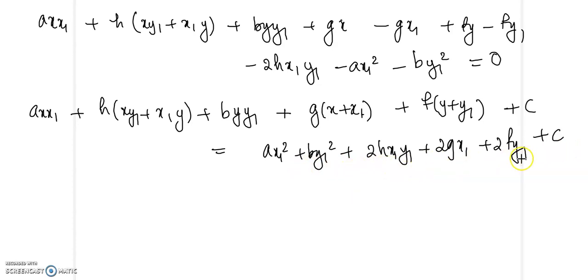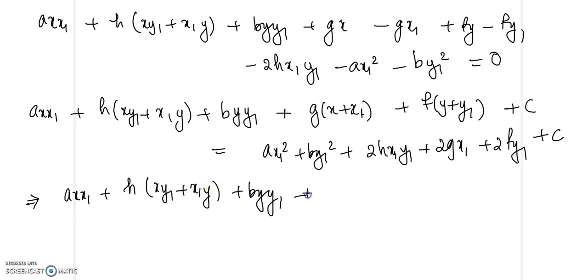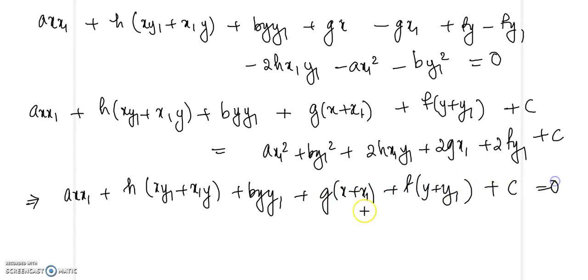Now since the point x1 y1 lies on the conic, this will be equal to 0. The expression on the right side is the expression of the conic, the value the conic takes at x1 y1. So that will be 0. So that implies a x x1 plus h xy1 plus x1y plus b yy1 plus g x plus x1 plus f y plus y1 plus c equal to 0.